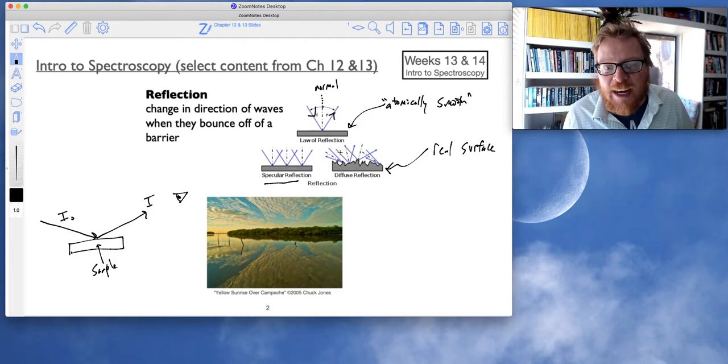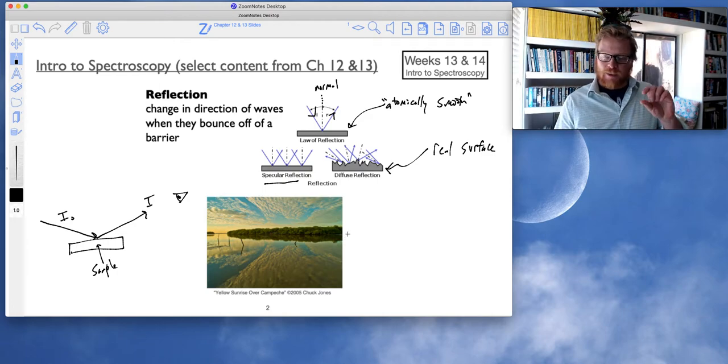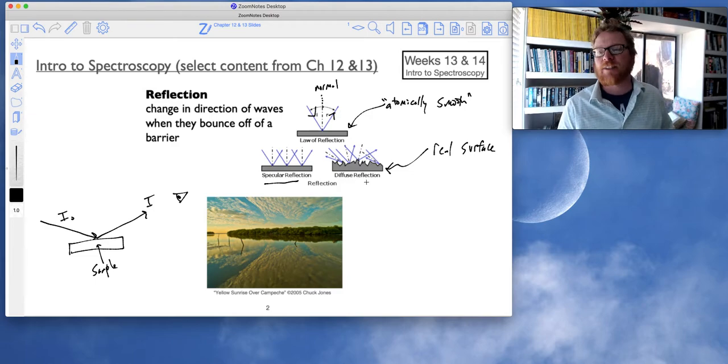And within each one of those, we will have a specularly reflected component. However, because the surface is rough, none of those leaving photons will have the same angles as each other, then we don't get a mirrored reflection, okay?